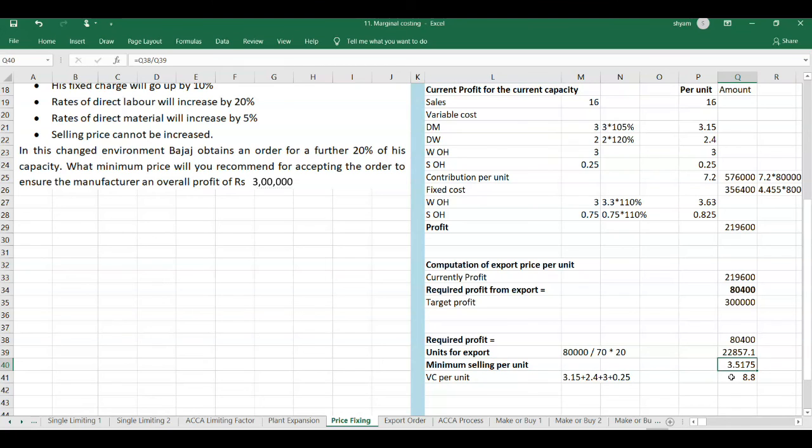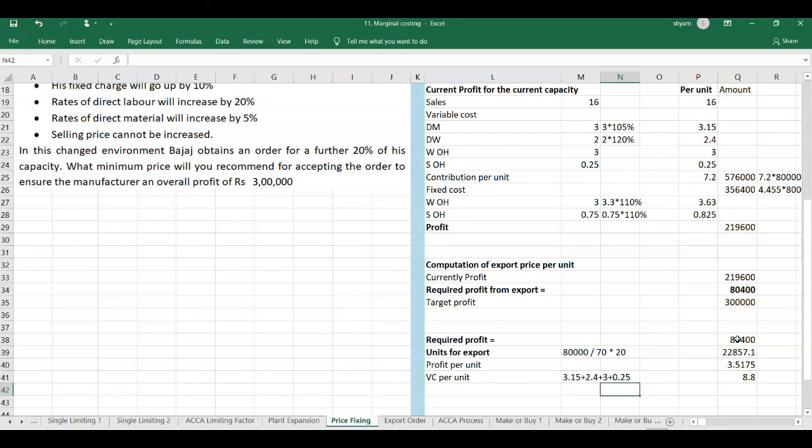This is the profit per unit that we can have. We can't say this is the minimum selling price. This is the minimum profit per unit. Because see, the customer has not told any price, they are asking what could be the price. So this is the profit per unit that we require to meet the final profit, and it takes 8.8.